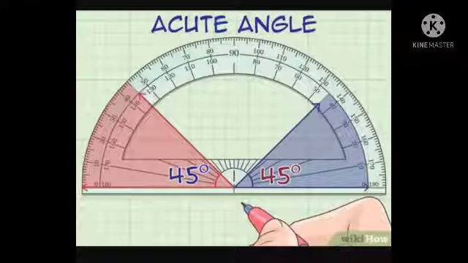When we cut that right angle of 90 degrees into two equal halves, one part must be 45 degrees. What is half of 90 degrees? Yes, 45 degrees. So 90 degrees is divided into two equal halves of 45 degrees.